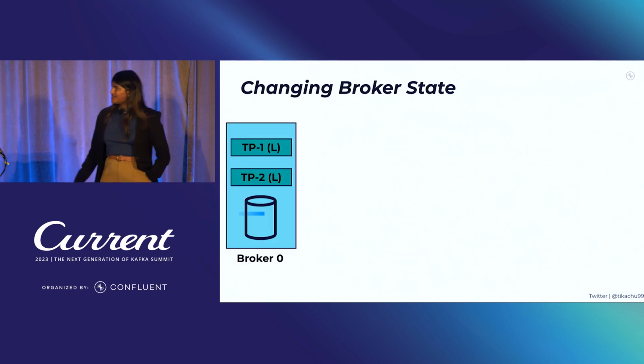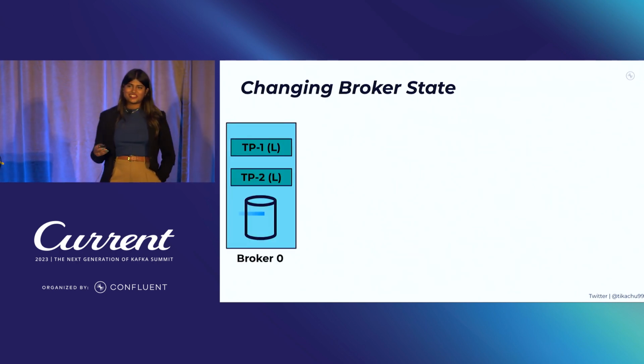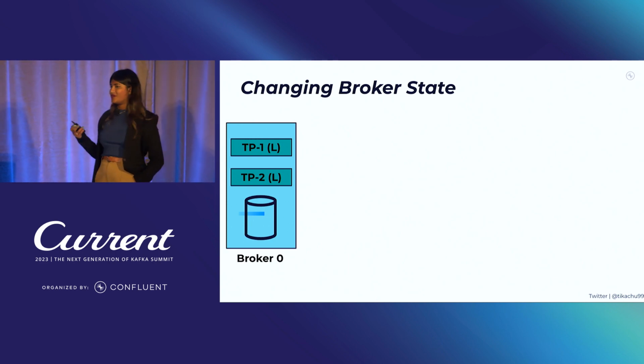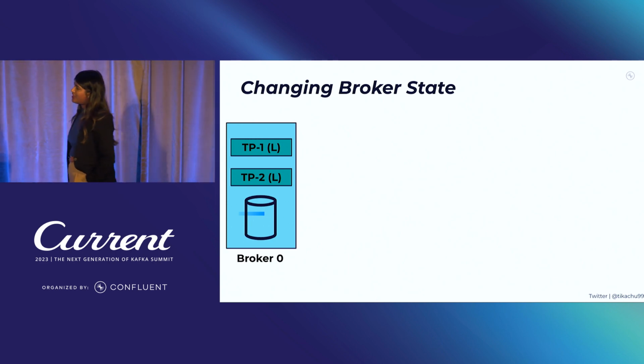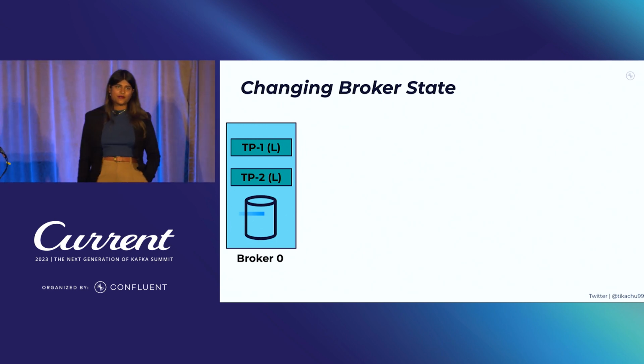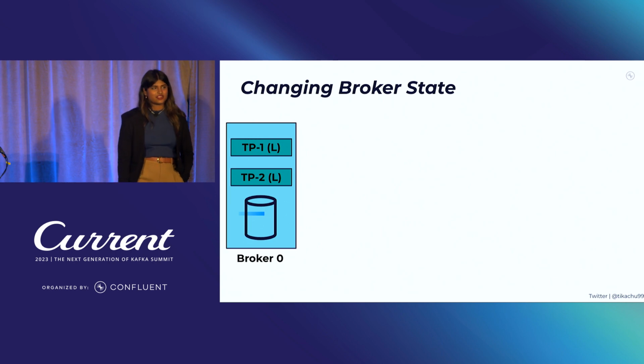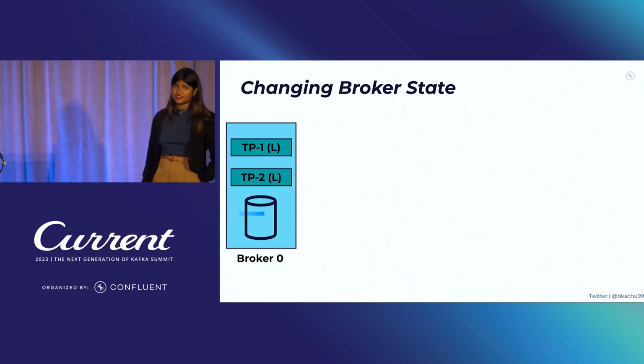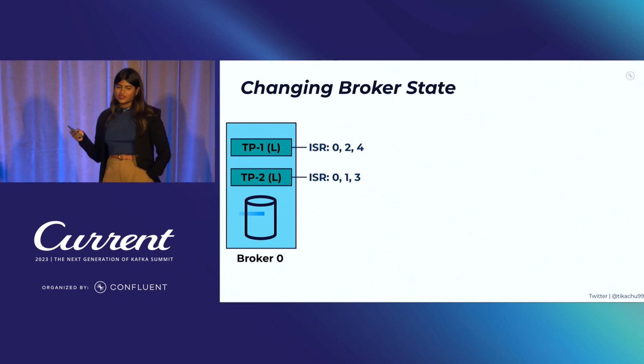Okay. So now let's dive a little bit deeper into how it looks when we change the broker state. Say we start off with this broker 0, which happens to be healthy and also happens to be the leader for topic partitions 1 and 2.